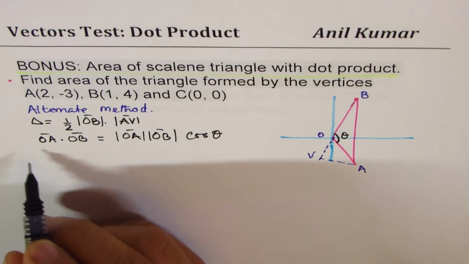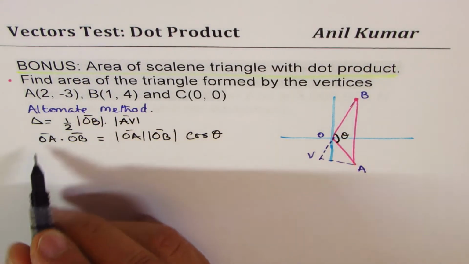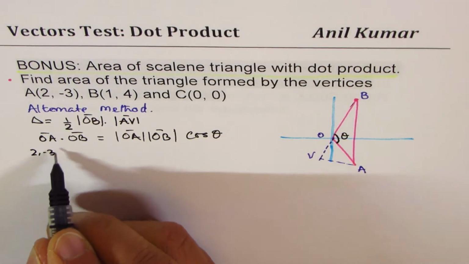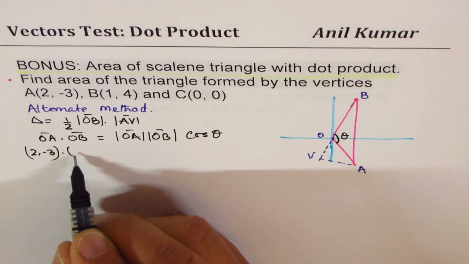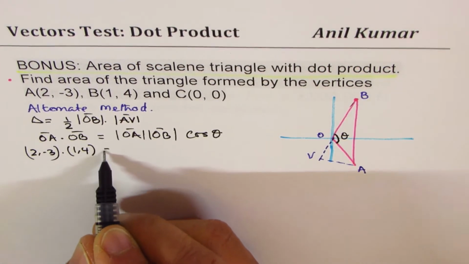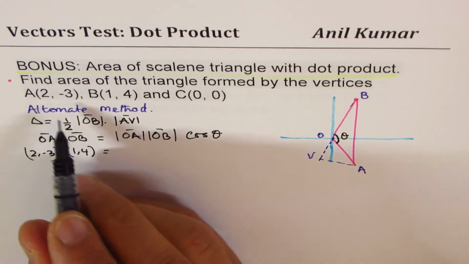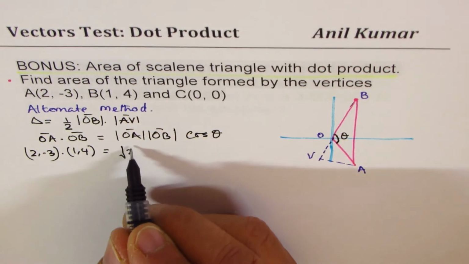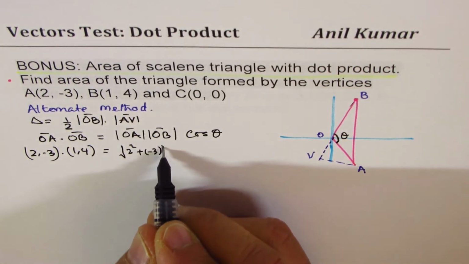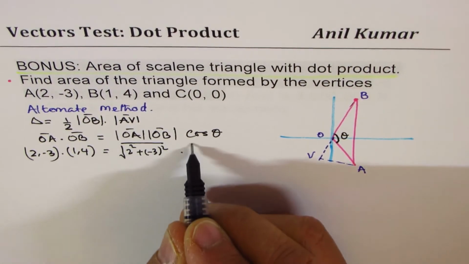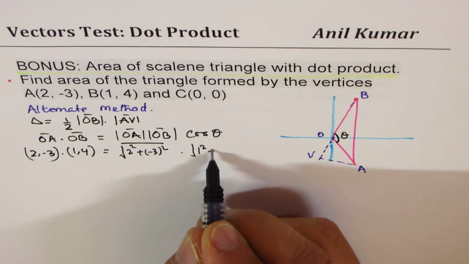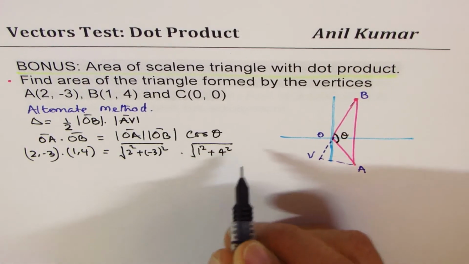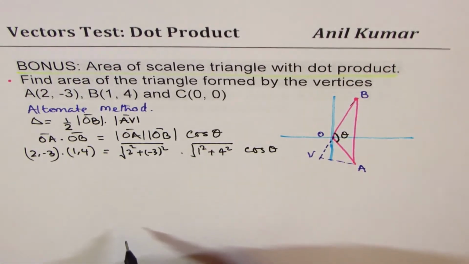So OA dot OB is (2, -3) dot (1, 4), and this is magnitude of OA, square root of 2 squared plus (-3) squared, times square root of 1 squared plus 4 squared, times cos of theta.